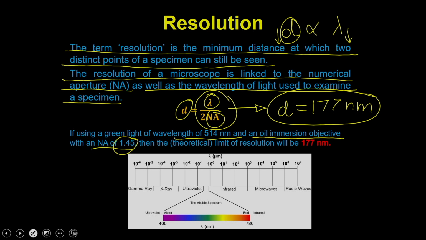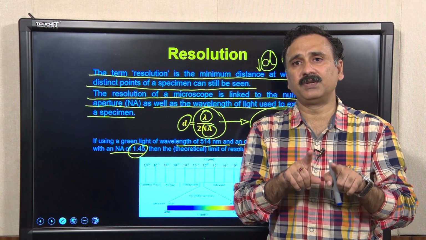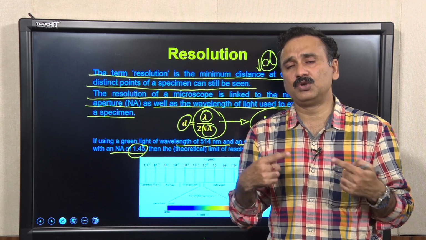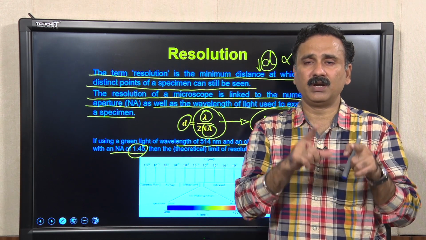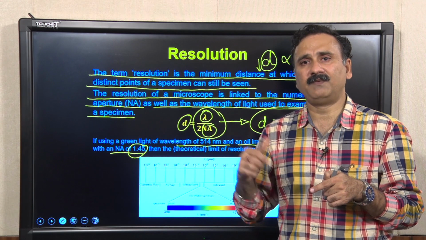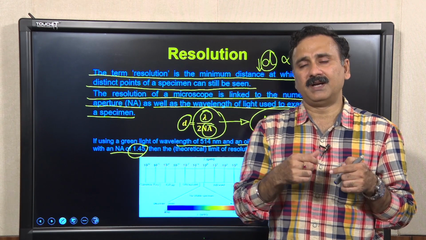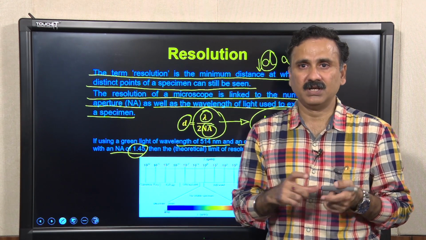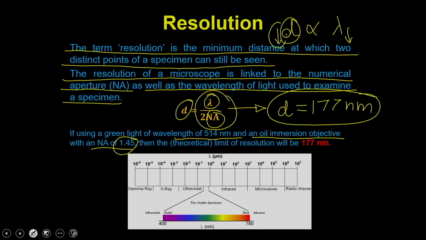If two objects are 1 nanometer apart and I can see them distinctly, then the resolution of that microscope is going to be better than this microscope, which gives you a distance of 177 nanometer. So, a decrease in d should not be interpreted as a decrease in resolution.